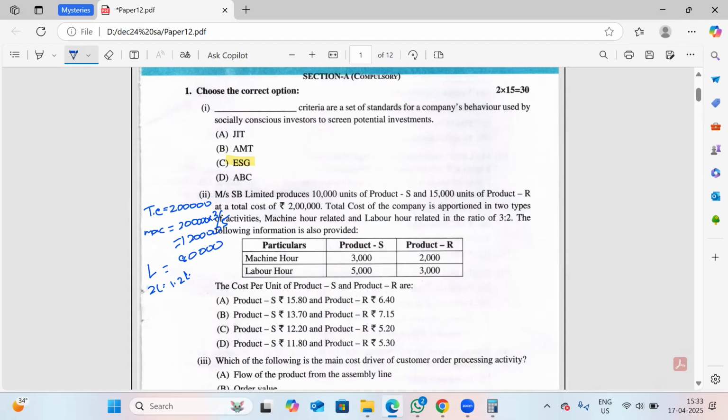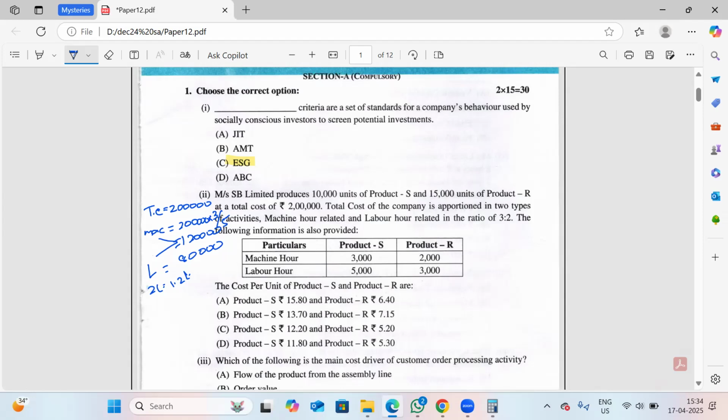Now again I want to split it for S and R, because I want to calculate for both the products. So this 1,20,000 will be divided over 3,000 hours and 2,000 hours, which means a total of 5,000 hours.